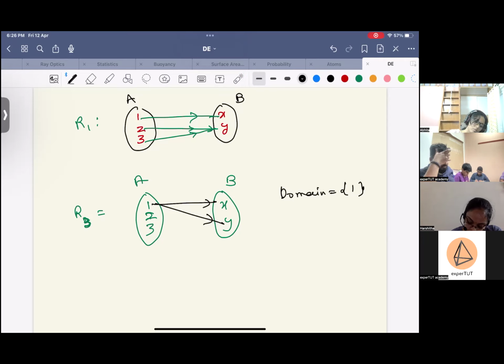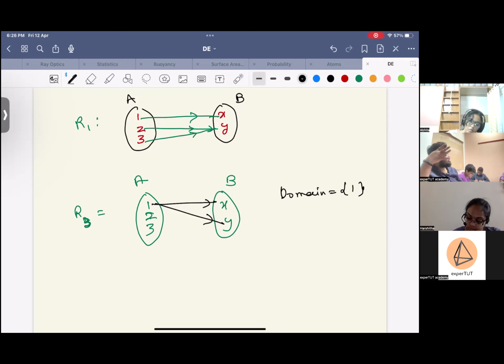Clear? Last is whatever is connected on the right side. Whatever is connected on the right side is called range.